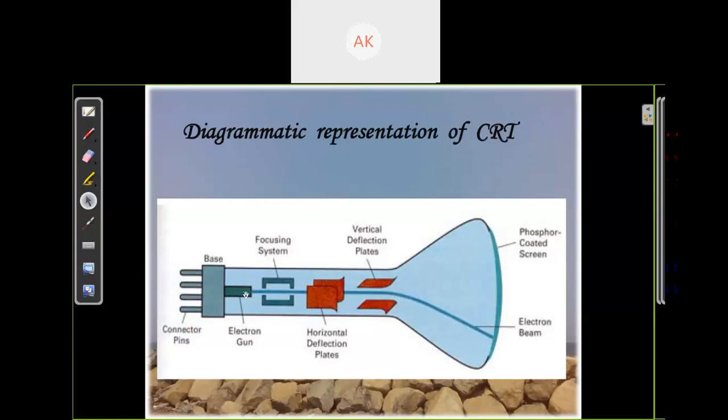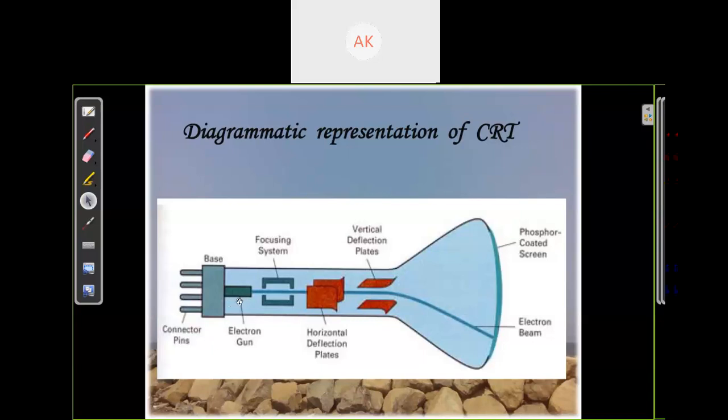And how many electrons will be boiled off and pass through this vacuum, we control by this control grid. There is a control grid in the electron gun which controls the number of electrons boiled off.